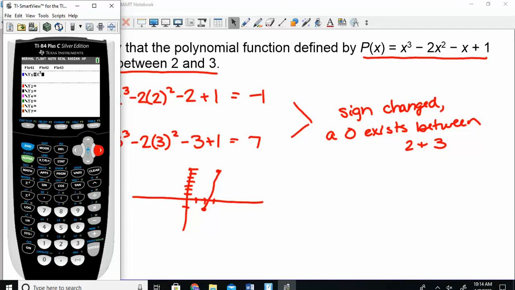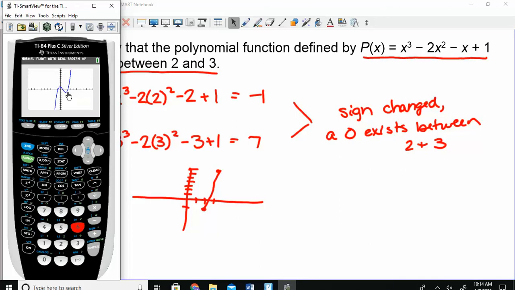We have x cubed minus 2x squared minus x plus 1. Okay, so I can see right here between 2 and 3 it does cross the axis.